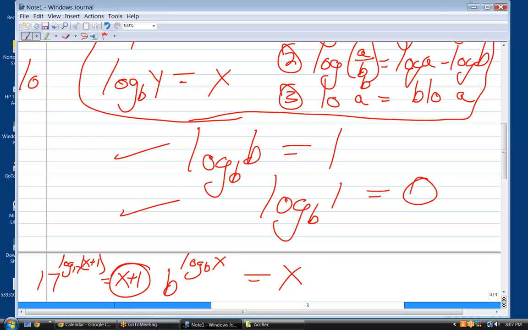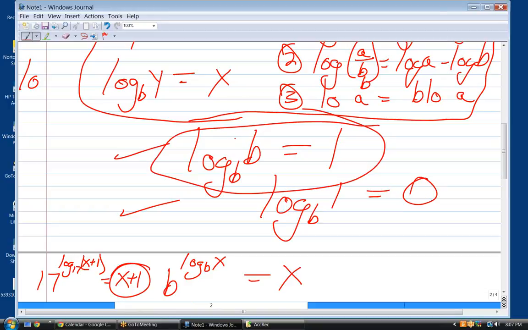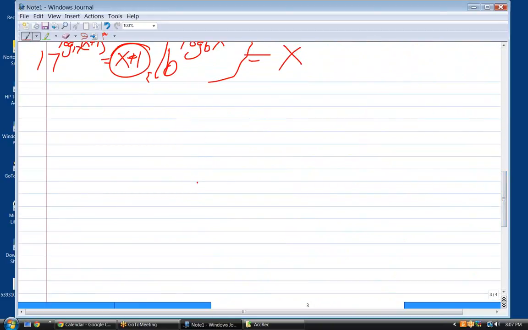In other words, you want to spot wherever you can reduce stuff. And things like this, what's this equal to? That's equal to 1. Exactly, because that's log base e of e. In other words, that's the log base b of b, basically.